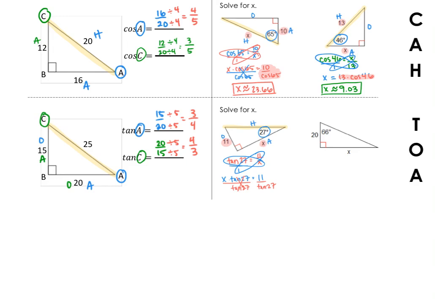The part that we put in our calculator is this part right here: 11 divided by tan of 27. If you're using an iPhone calculator, 11 divided by 27 tan, and then hit equals. Rounding to 2 decimals, you should get x equals about 21.59.